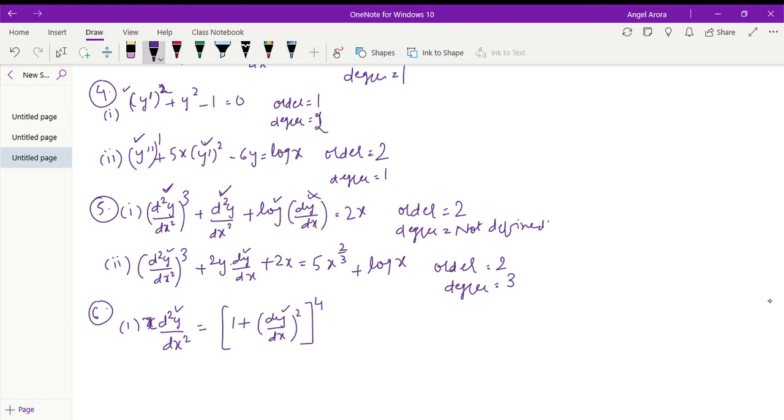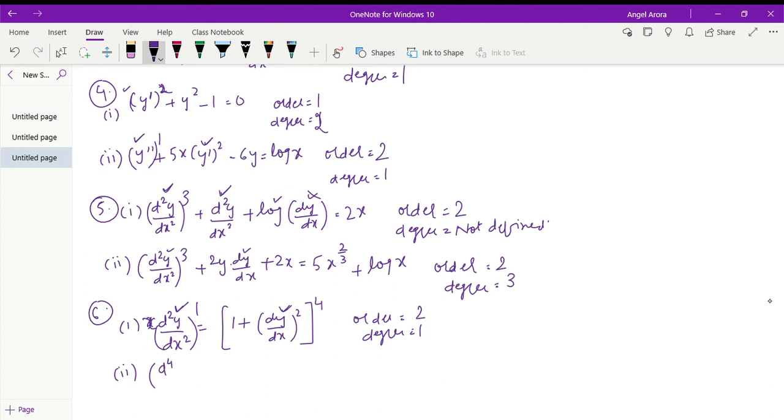So order will be 2 because second order derivative is of highest order here, and degree, this is also in polynomial form, this is also in polynomial form, so degree will be 1. So 2 and 1.